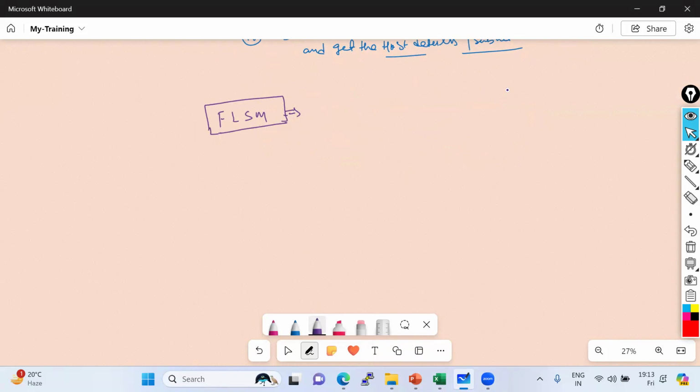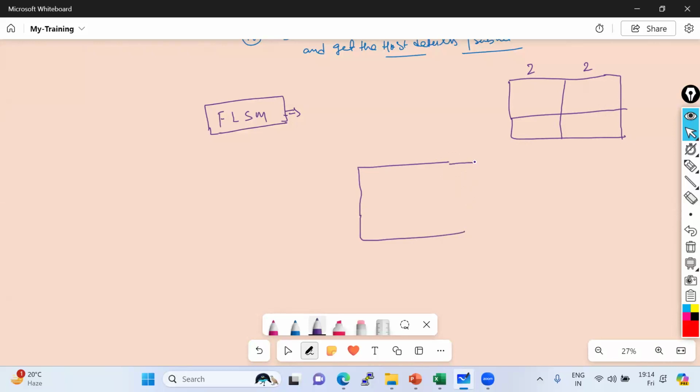So FLSM is fixed length, meaning if you have a big house, you have to divide it into equal parts, either 2 parts or 4 parts. That's what we did yesterday. But let's say you have a big house, and in this big house you have to build three offices.